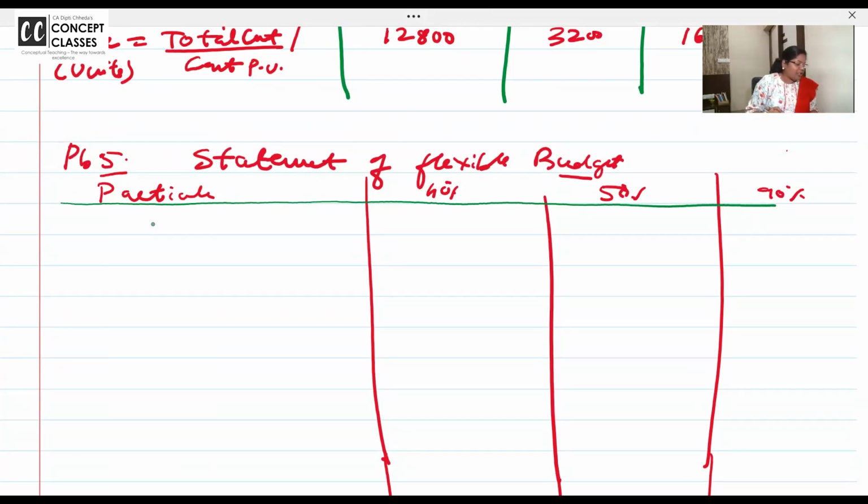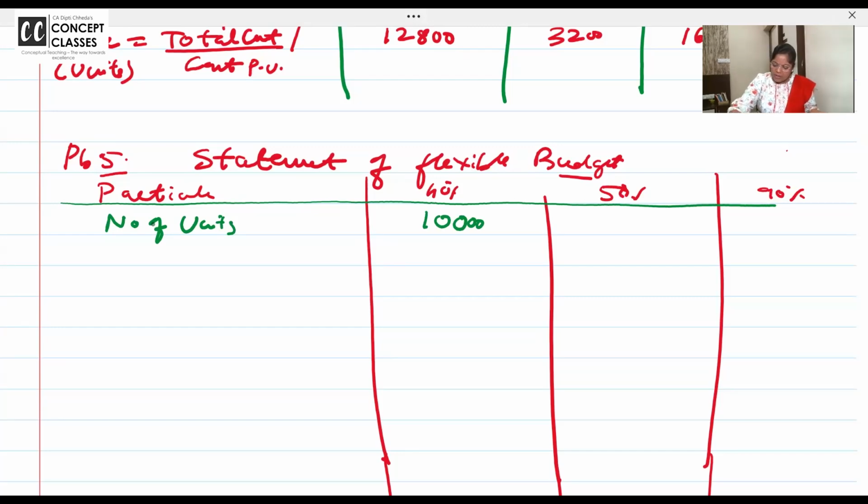We should always start with sales and also the number of units. At 40%, number of units produced and sold is 10,000. Listen, in flexible budget they'll not give you all that hodgepodge of opening and closing stock. Whatever you produce, you are selling. 40% is 10,000.